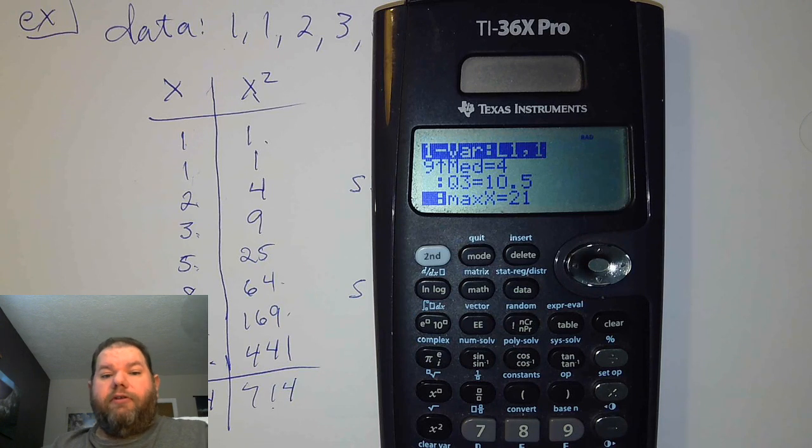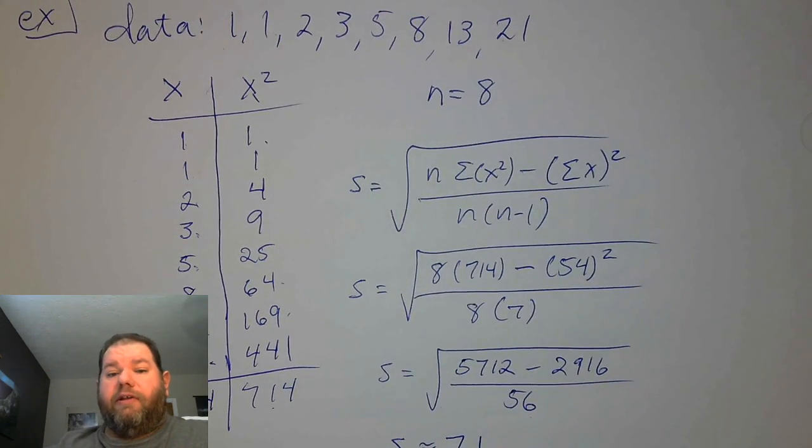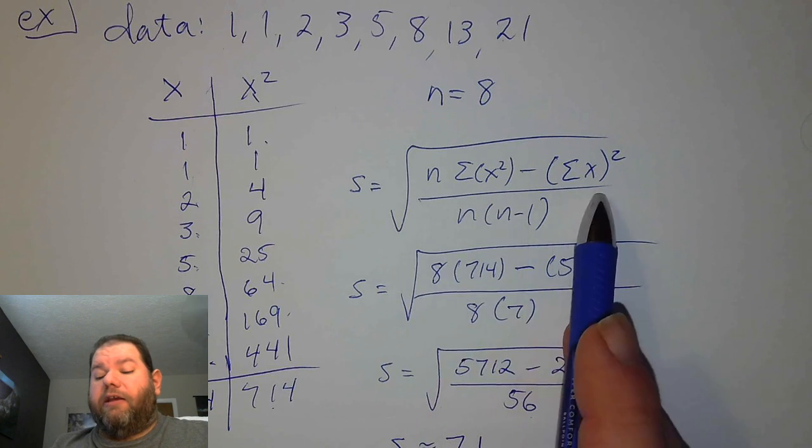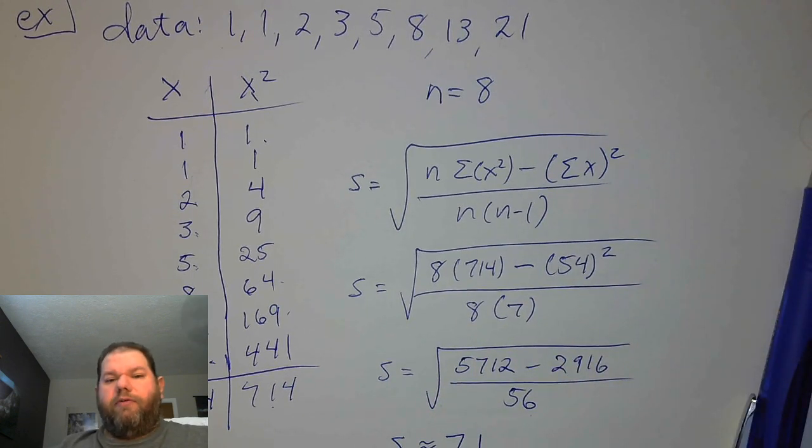We'll talk about those a little bit more in section 4 today, so don't worry about that just yet. The Q1 and the Q3 we'll talk about a little bit later. Anyway, so that's how we find the sample standard deviation by hand, but that's also how we use the calculator to do it for us, and it's actually a lot easier and faster on the calculator.